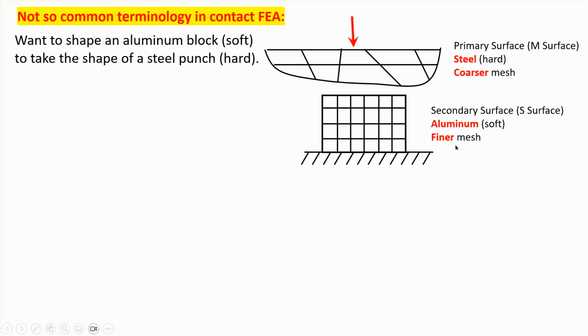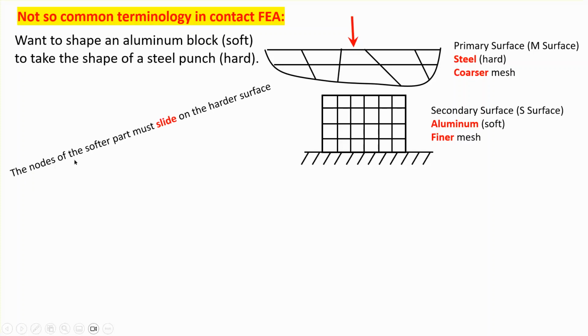Steel, aluminum. A couple of things that you should know is that if you have to make these choices, the steel block on the top must have the coarser mesh, and the aluminum block down below, S surface, or secondary surface, must have a finer mesh.